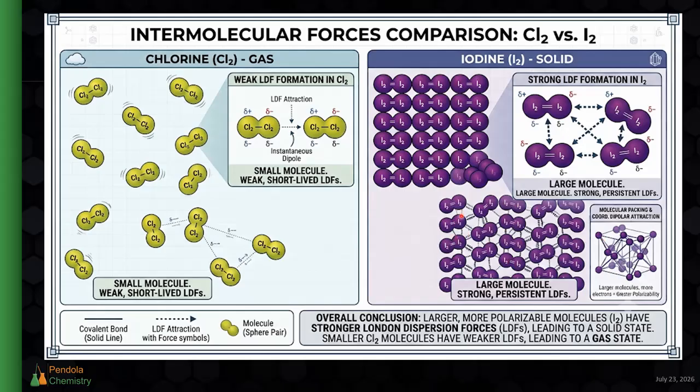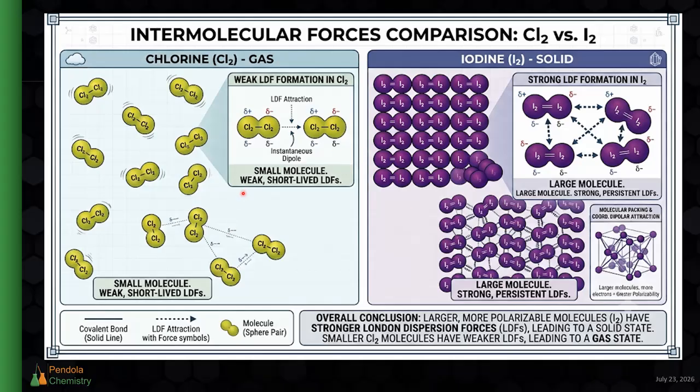You can see that here very well, where the iodine molecules are connected to each other with London dispersion forces, and so it becomes a lattice. All solids, whether molecular, ionic, or metallic, have a lattice structure, and iodine is no different. It is held together by London dispersion forces, which are persistent and strong because of the large size of the iodine. All right, now that's it for physical properties of the halogens.